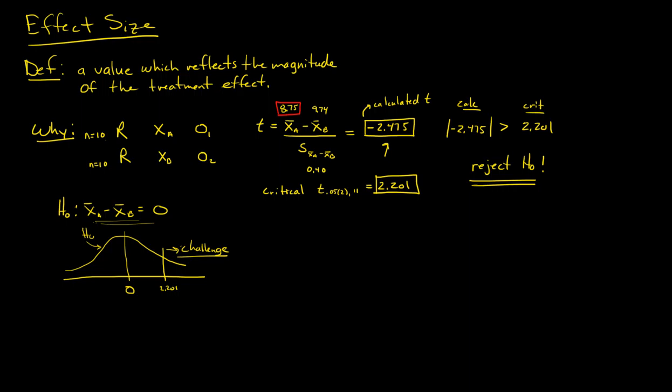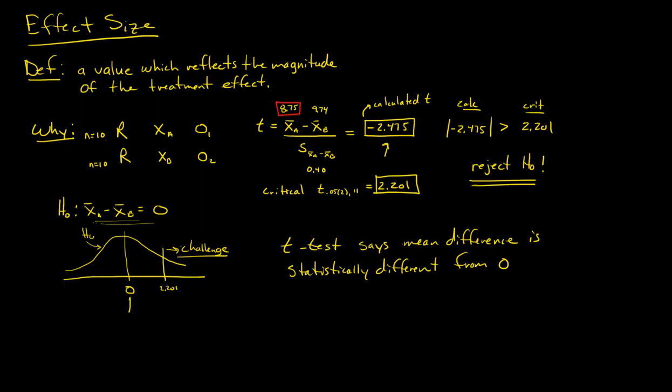The question that remains is, okay, this is different from 0, which means the drugs had an effect. But what is the magnitude of this effect? What did our t-test say? The t-test says the mean difference is statistically different from 0.